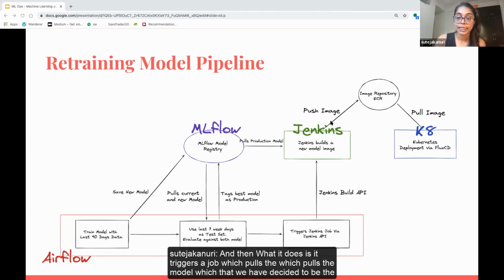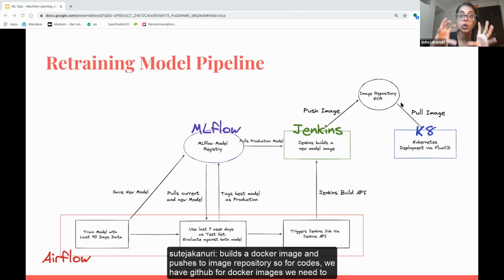And then it triggers a job which pulls the model that we have decided to be the best and converts it into an executable, builds a Docker image, and pushes it to an image repository. So for code, we have GitHub. For Docker images, we need to have a repository, right?